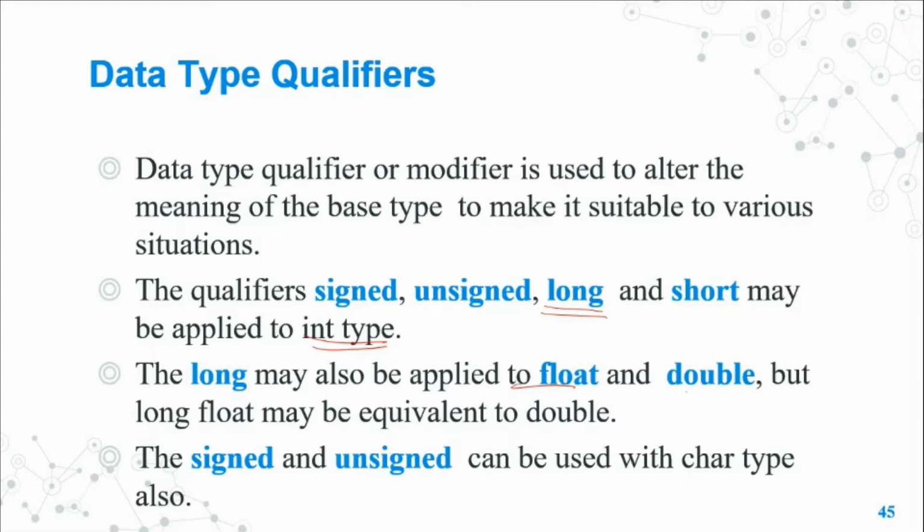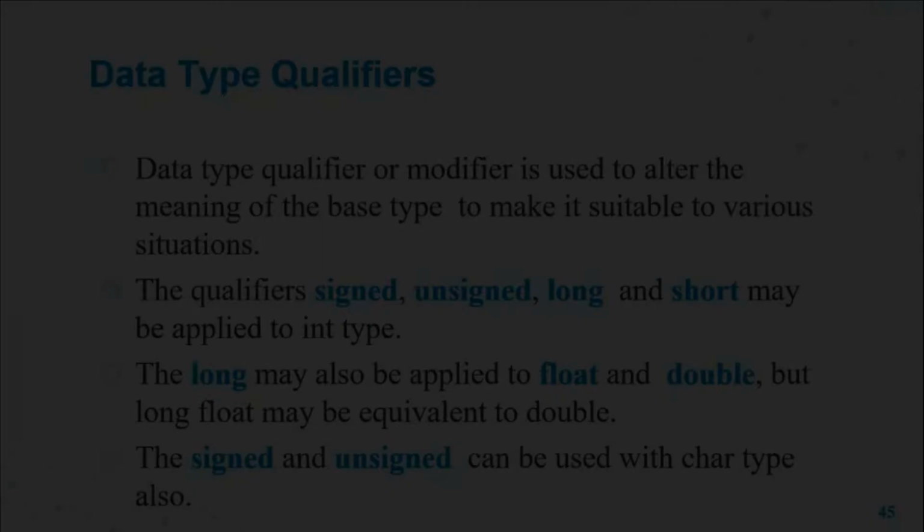The ASCII value is a numerical value, or an integer value. So when we assign a signed or unsigned qualifier to the char type, actually what we are doing is assigning that signed or unsigned to the integer that is holding that particular character in terms of ASCII value.